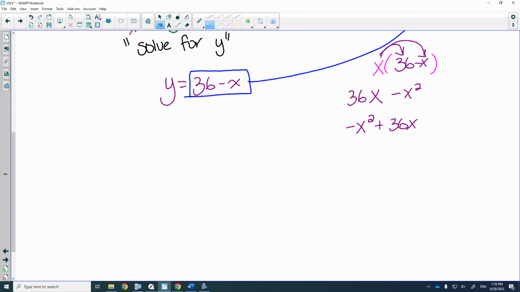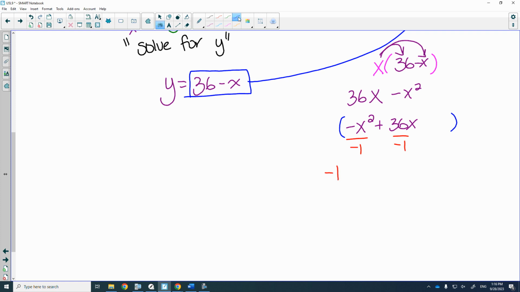And then I want you to complete the square. So we don't have a c value, which is fine, but put your bracket here. Remember the c value is normally on the outside of the bracket. What do I have to factor out from here? A negative 1. Because remember, in order to complete the square, I need a 1 in front of my x squared. So factor out your negative 1.